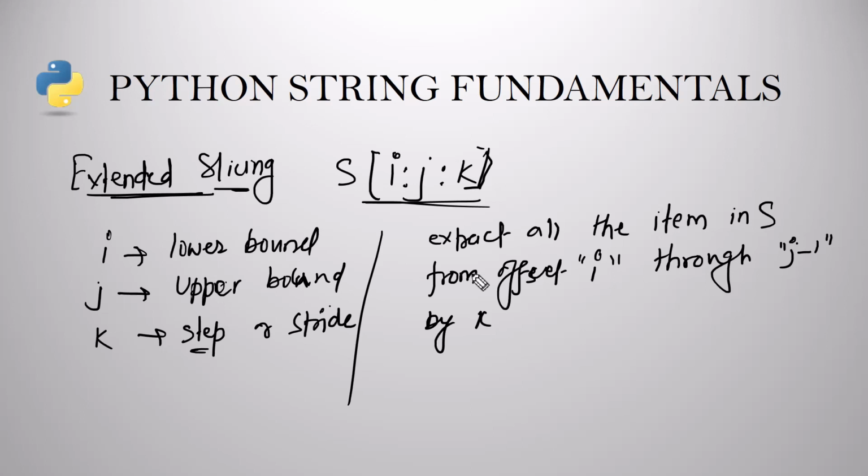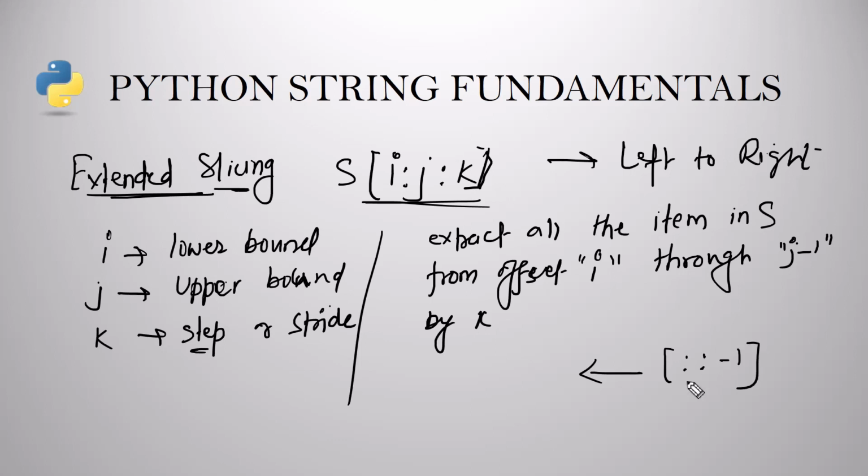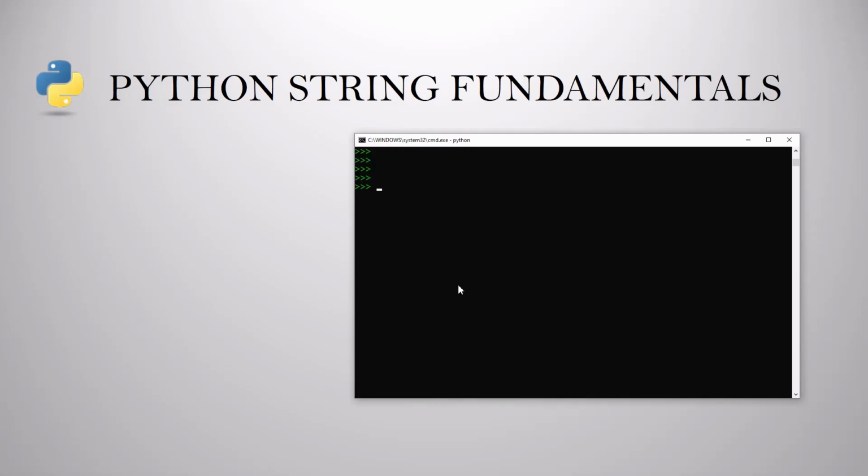By default, it counts from left to right. If you want to count from right to left, you have to give the k value as negative. We can see this in an example here. Let's take s equal to hello.